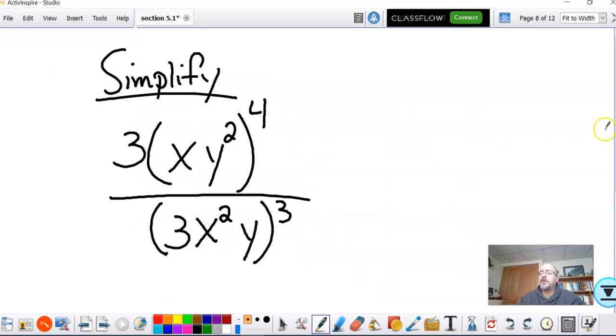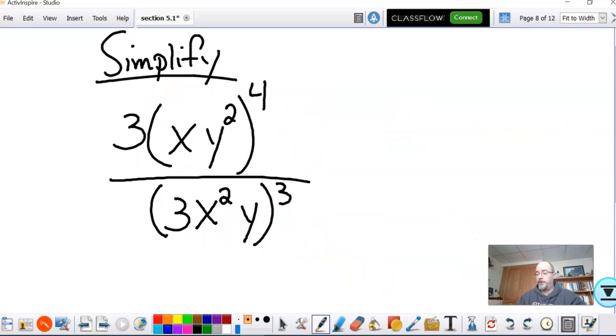All right, I don't remember what we have next, folks. Let's see. Oh, let's look at a practice simplifying. Okay, yes, definitely. Okay, so I got a bunch of things going on here. So I'm going to start with the top, okay? There's nothing, the 3 is just there all by itself, right? There's no parentheses around it.